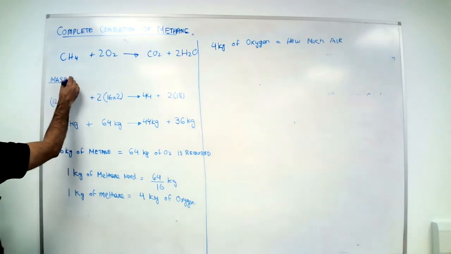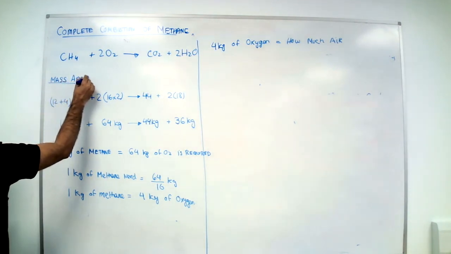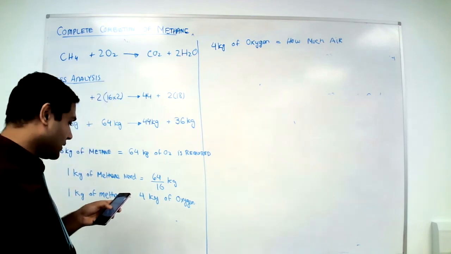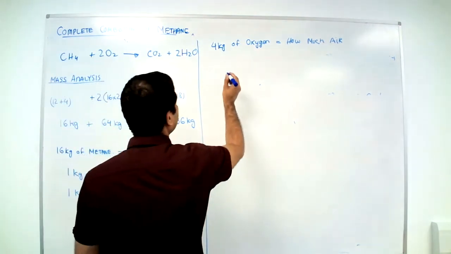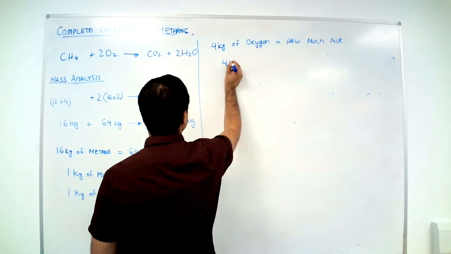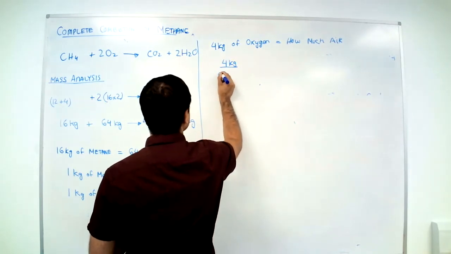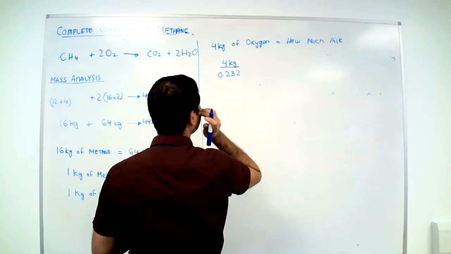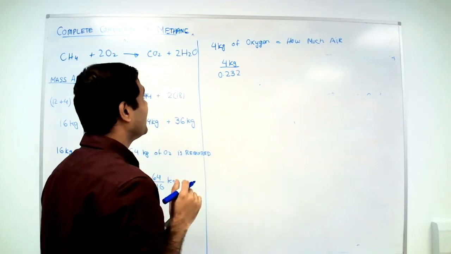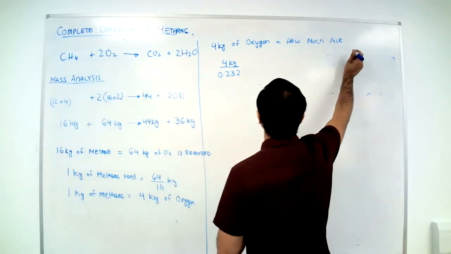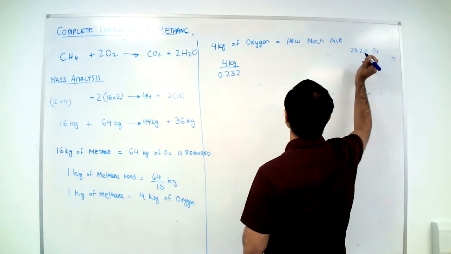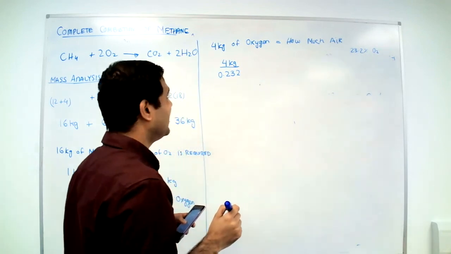So for the 4 kilograms, I need to divide by 0.232, because there is 23.2% oxygen by mass.